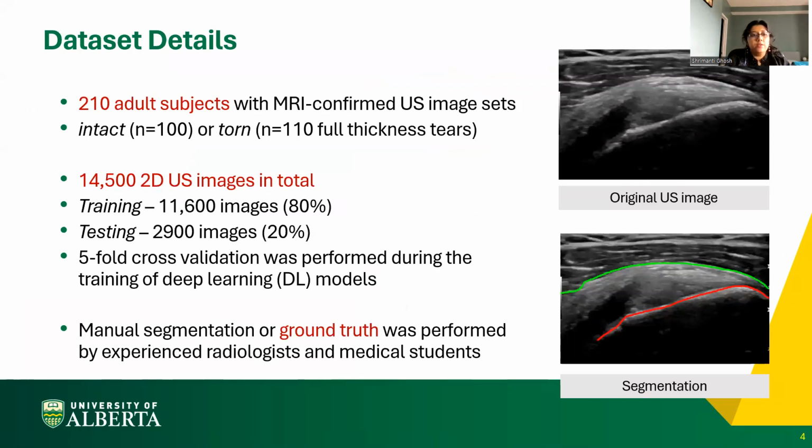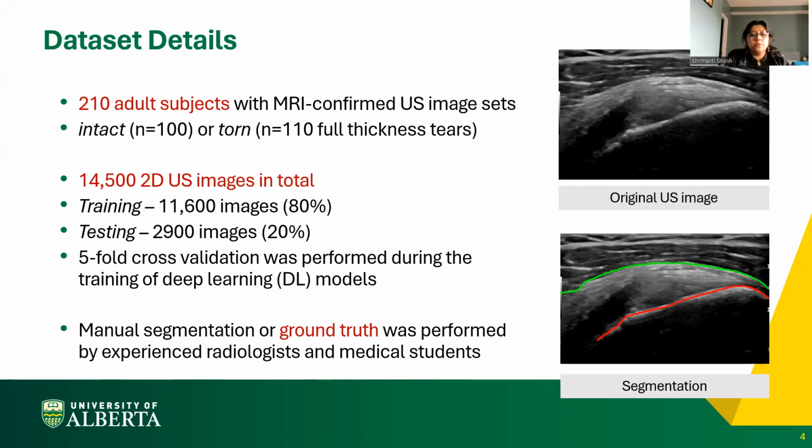For the study, we used a dataset of 210 patients with MRI confirmed ultrasound image sets, where intact tendons were from 100 patients and torn tendons were from 110 patients. There were 14,500 2D ultrasound images in total, divided into 80% for training and 20% for testing.